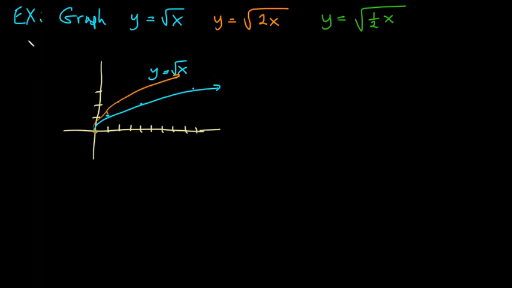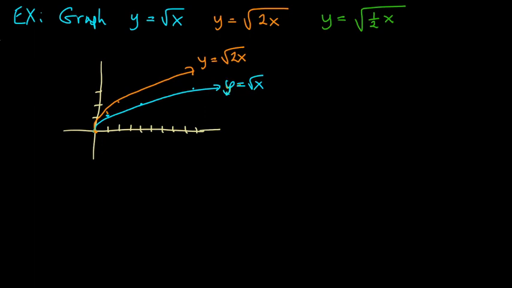Oops, I think I'm going to have to erase the square root of x. Okay, so again, this will be the graph of y equals the square root of 2x. And just for reference, this is the graph of y equals the square root of x, the original graph.